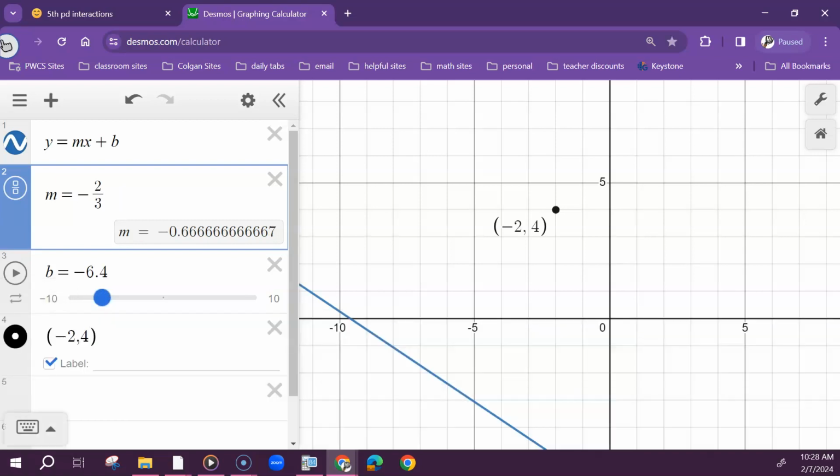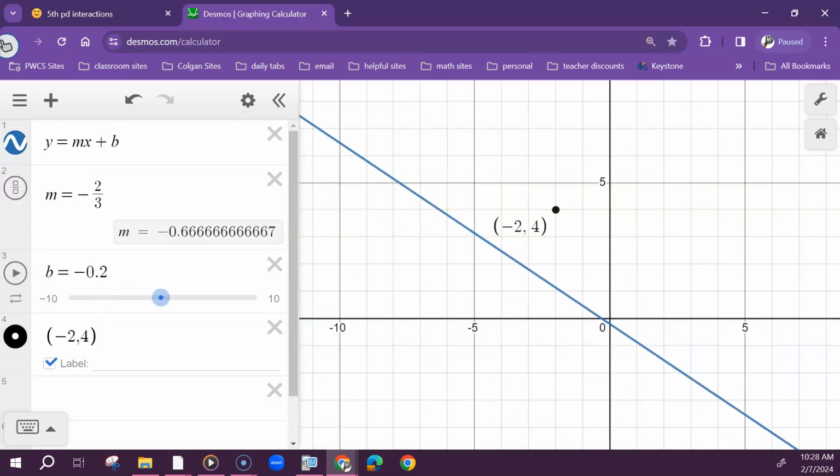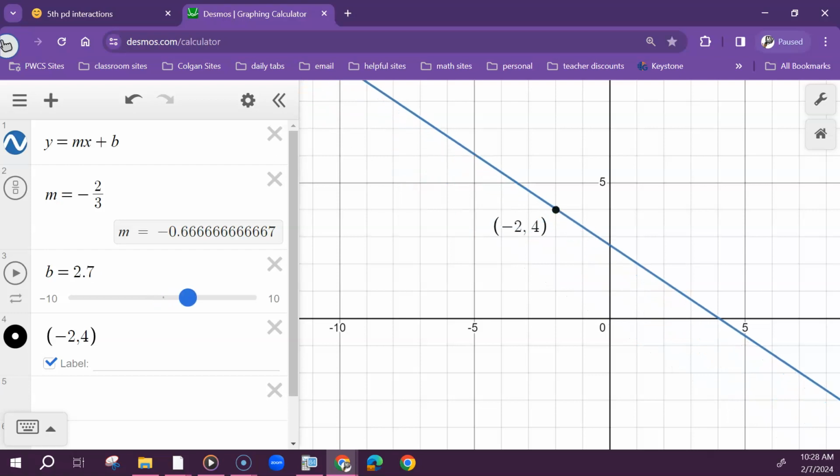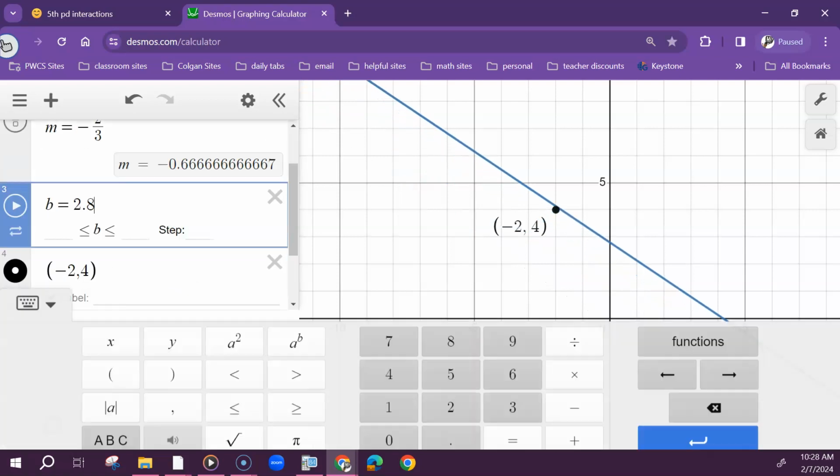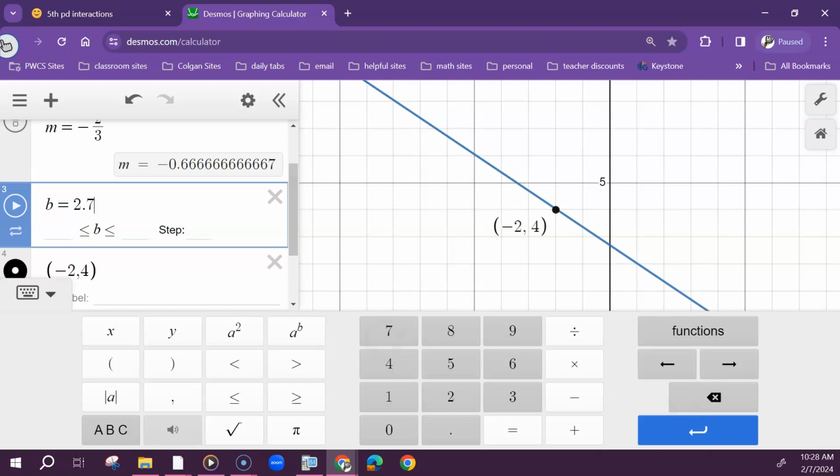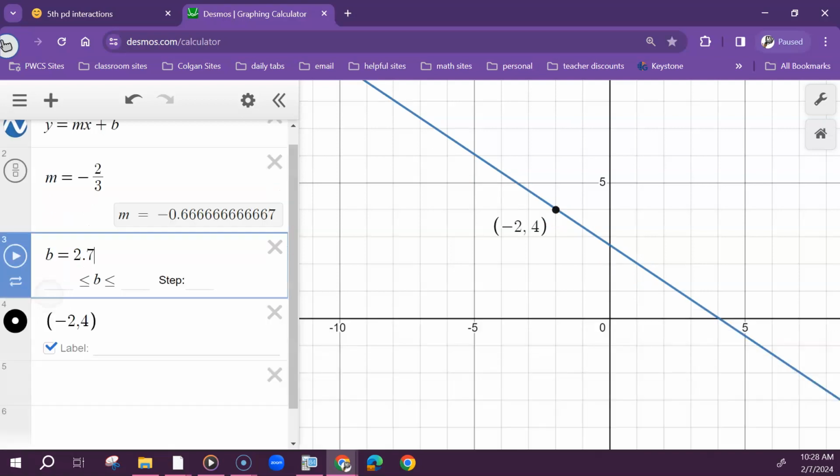And then change your b value by pressing play or moving this until it goes through that point. And it happens to be a decimal at 2.7. So you could use Desmos to double check yourself. Does my line look accurate? Questions on any of the short answer questions?